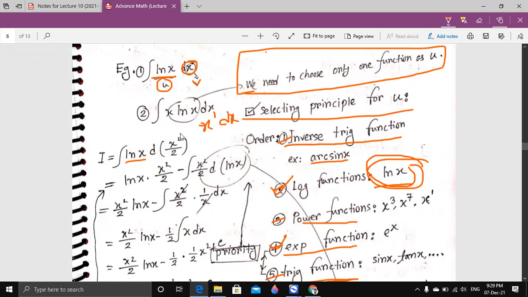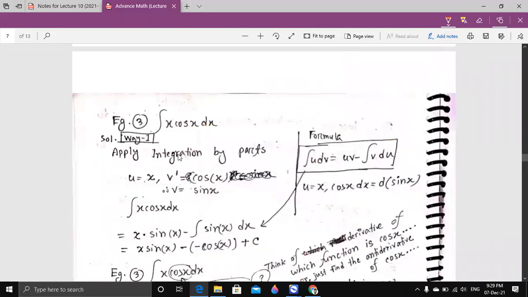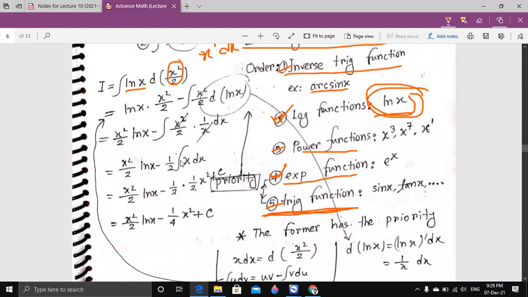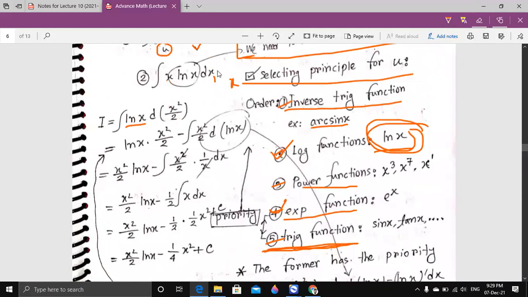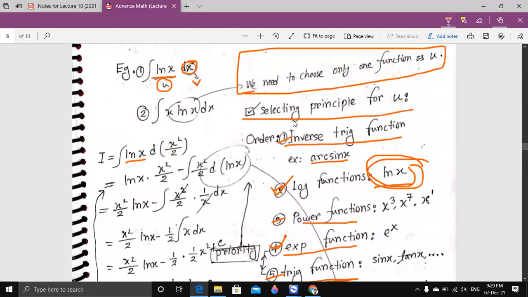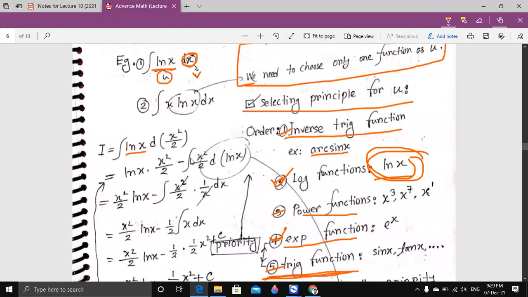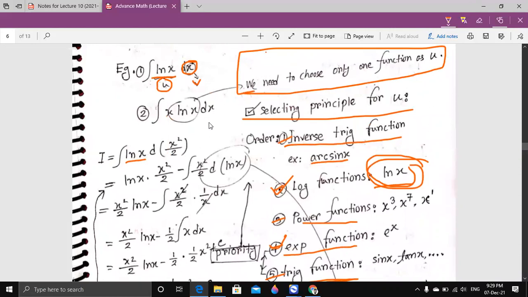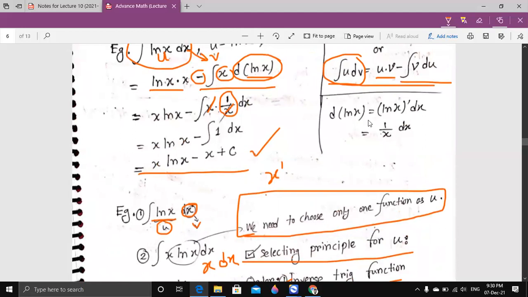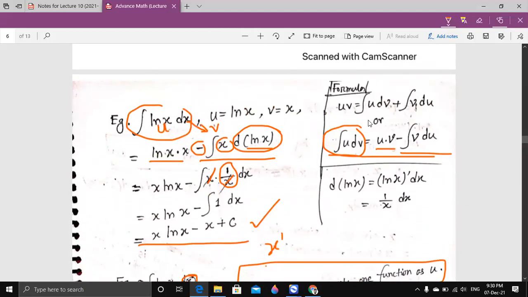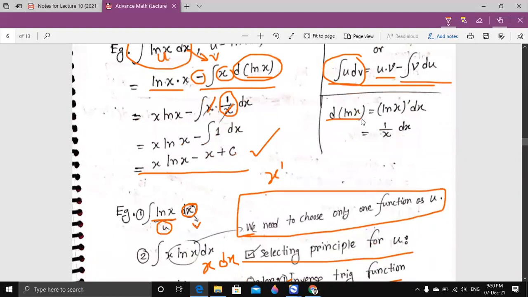Okay, x squared by 2 ln x is x squared by 2 minus integration of it was x dx. So do you have any formula for x dx?